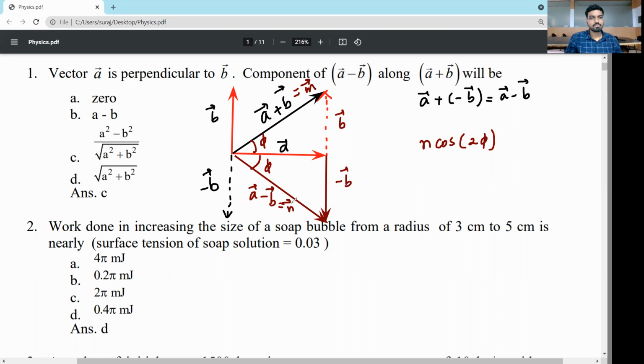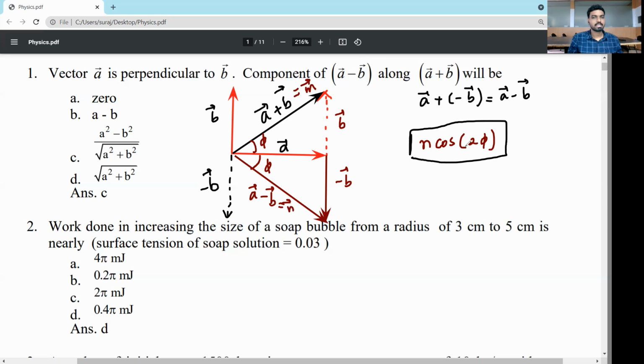The component of N vector along M vector, this is how we want to find. Now N is already A vector minus B vector. Cos 2 phi, how will you find? Cos 2 theta, right?